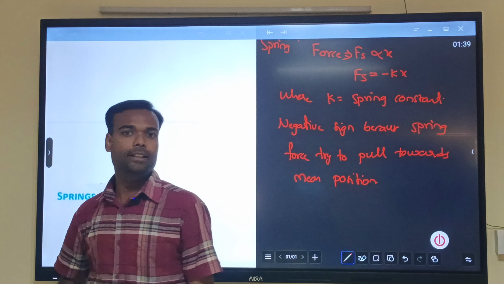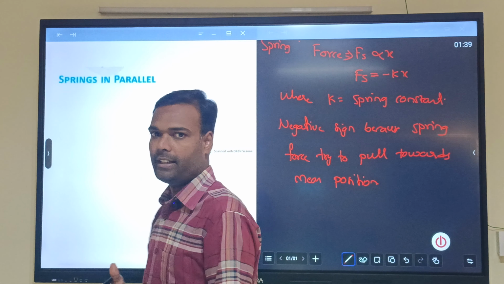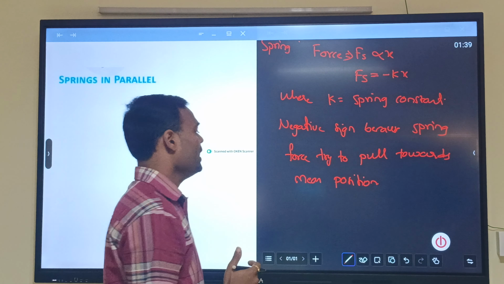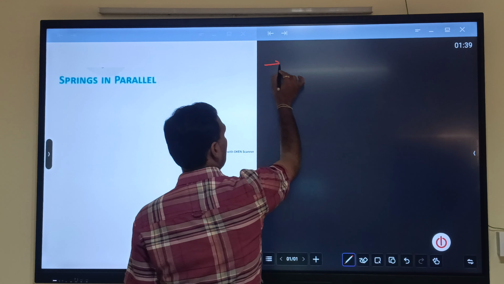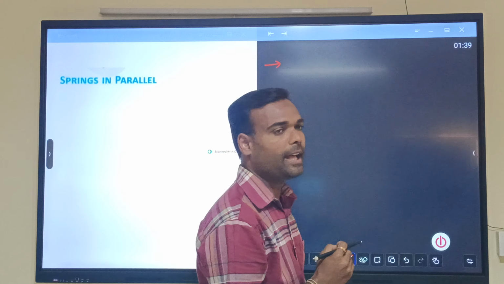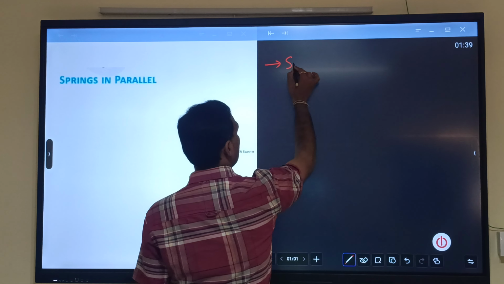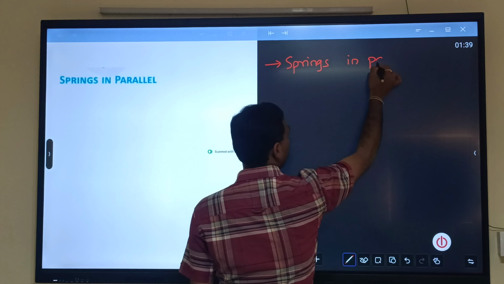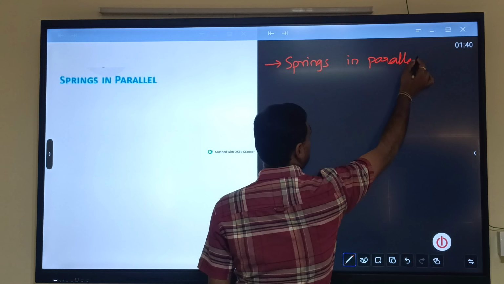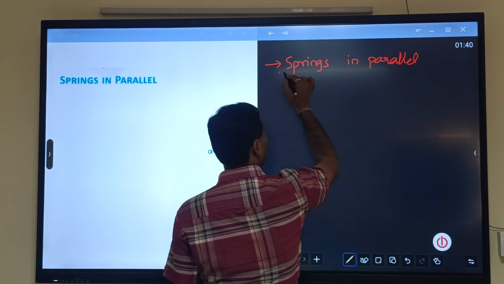Then next one is, if a set of springs is in parallel combination, how can we use the formulas? What are the formulas we have to use when springs are in parallel combination? Number one, springs in parallel.